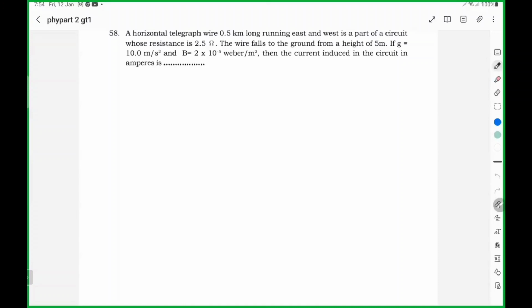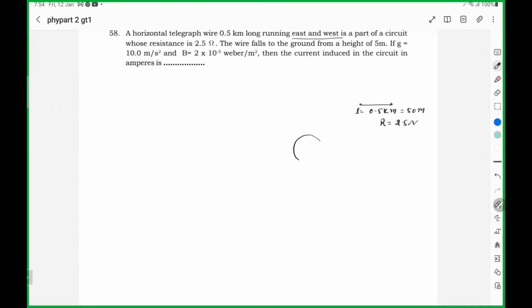A horizontal telegraph wire whose length is 0.5 kilometers, which is 500 meters, moving from east to west, whose resistance is 2.5 ohms.